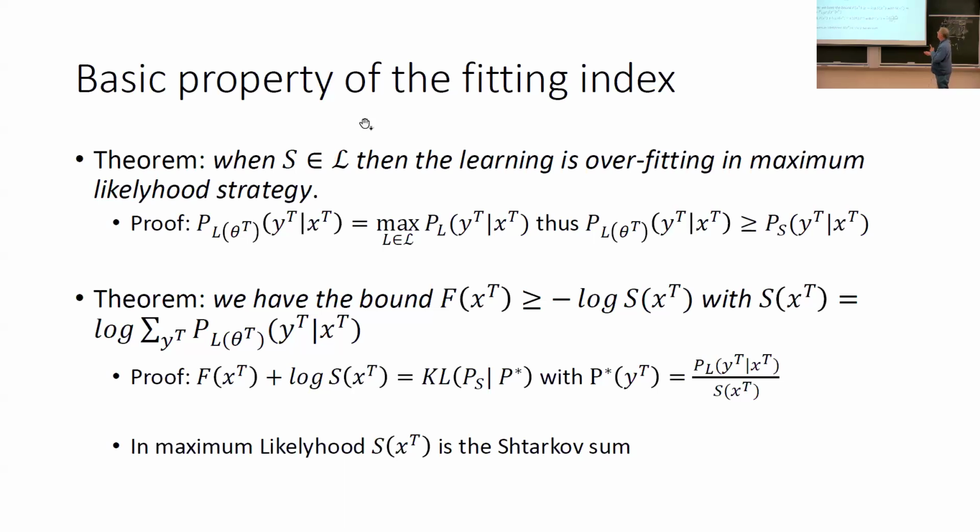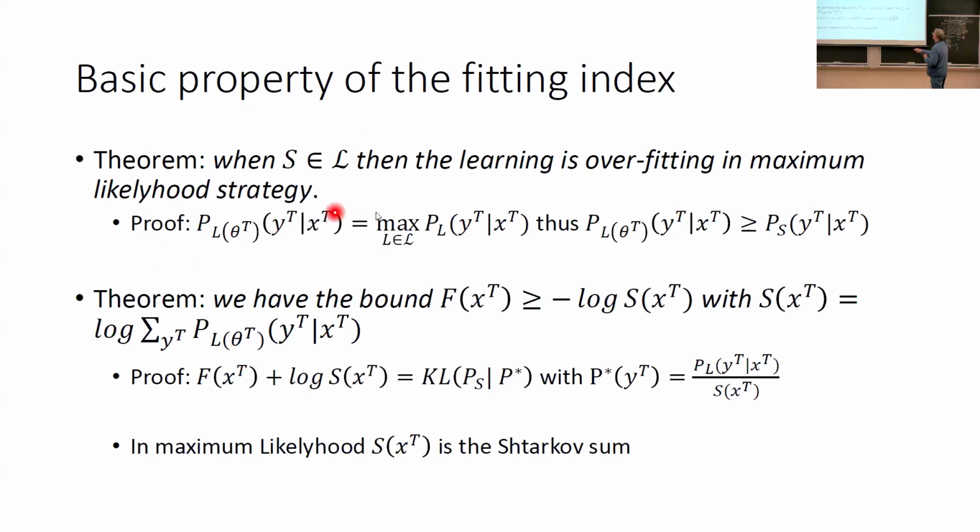In this case, we are in the maximum likelihood strategy. Of course, if the strategy is just picked at random, there is no such result. So if you are in the maximum likelihood strategy, something which is above the incremental strategies, you get this. It is very simple.